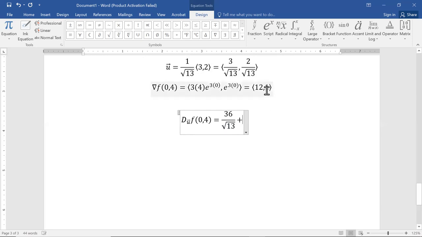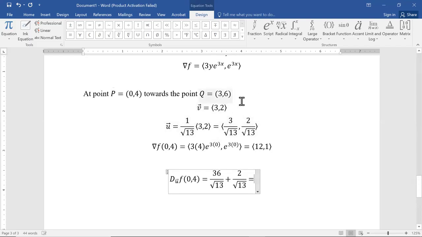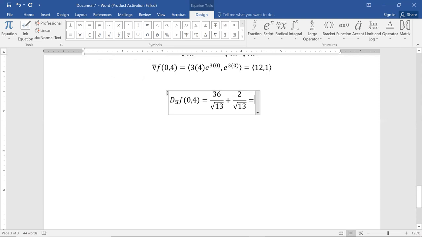And then I'm going to take 1, multiply it times 2 over root 13. That's just 2 over the square root of 13. So my directional derivative at the point (0, 4), as the point goes towards (3, 6), is going to be 38 divided by the square root of 13.